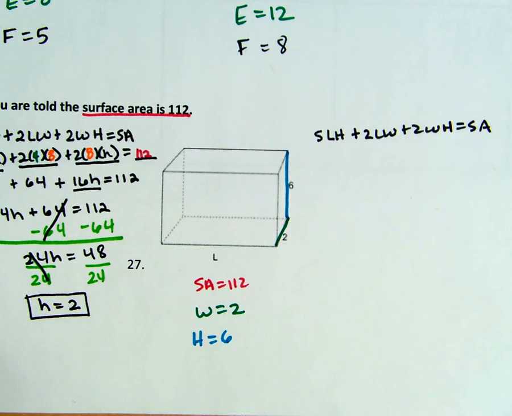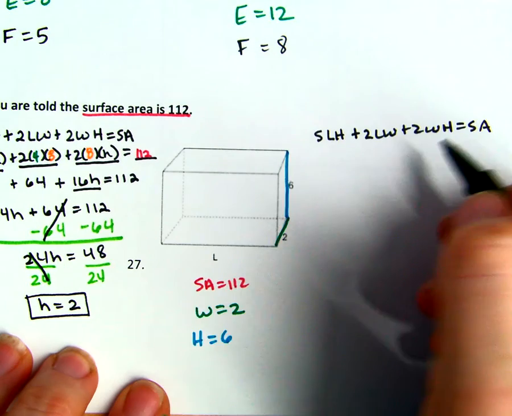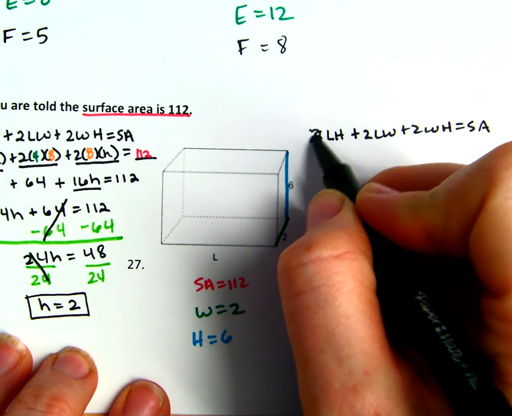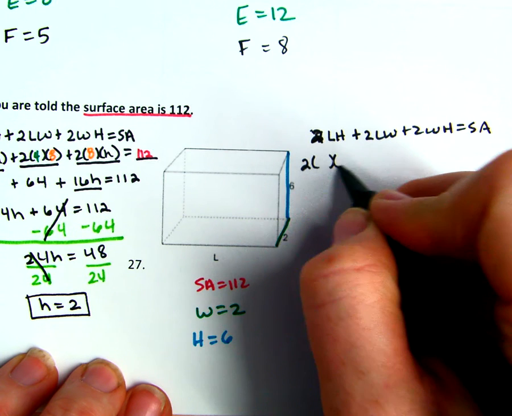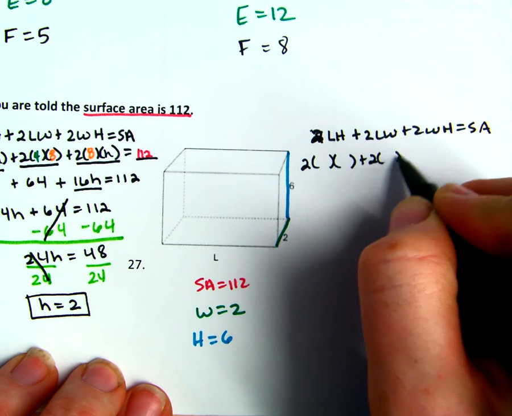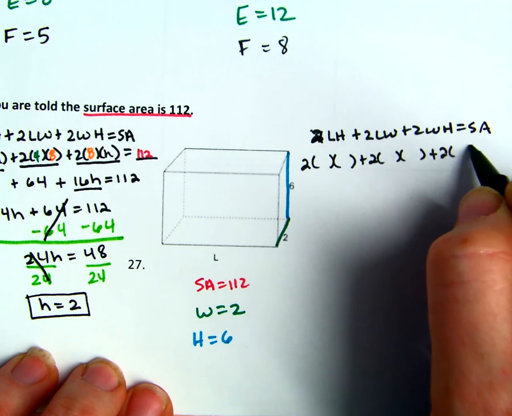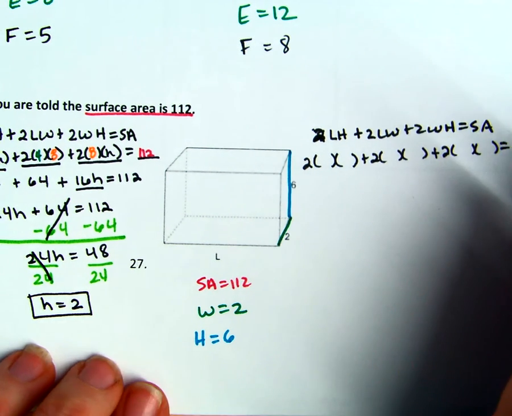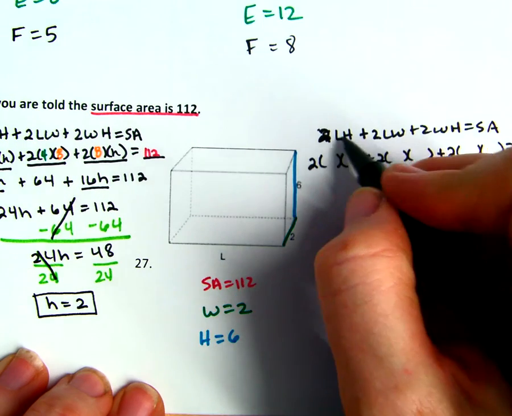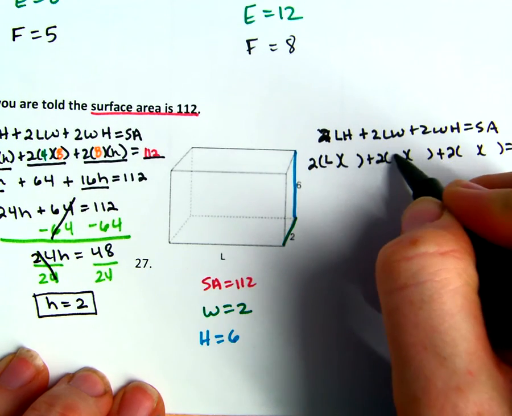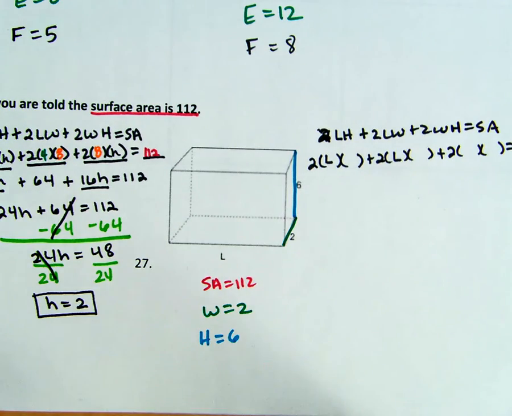So I can plug in here. Oh, this is a crazy thing I did here: I said 2, but I wrote a 5 or an S, I don't know what that says. So it'll be 2 times length times height plus 2 times length times width plus 2 times width times height equals surface area. I don't know L, so everywhere there was an L, I'm going to keep it as L, because that's going to stay in the problem as my variable.